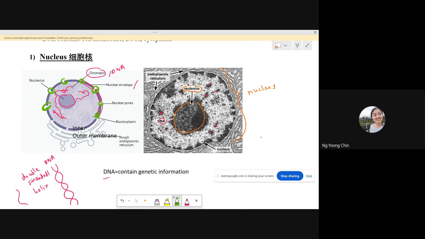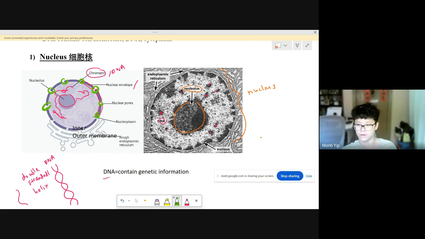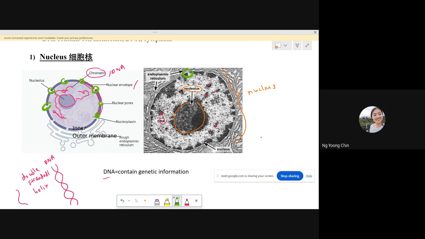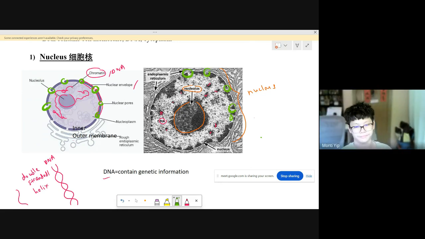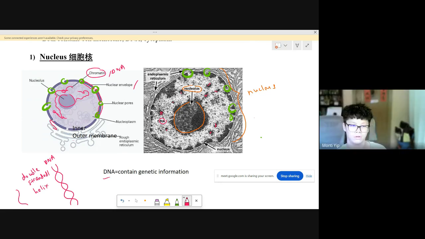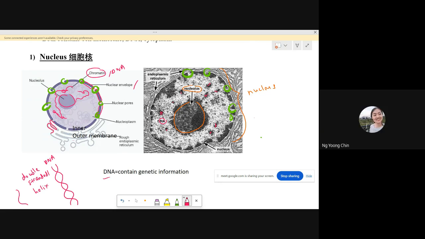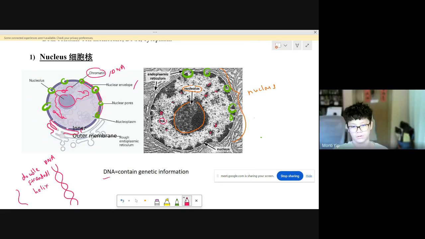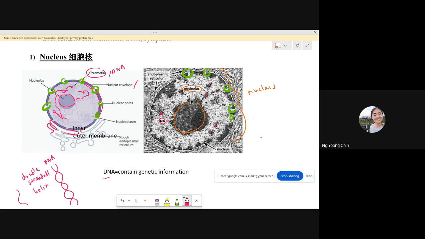And you can see the outer nuclear membrane is continuously joined to the endoplasmic reticulum. So the membrane of the endoplasmic reticulum is continuous with the outer nuclear membrane.